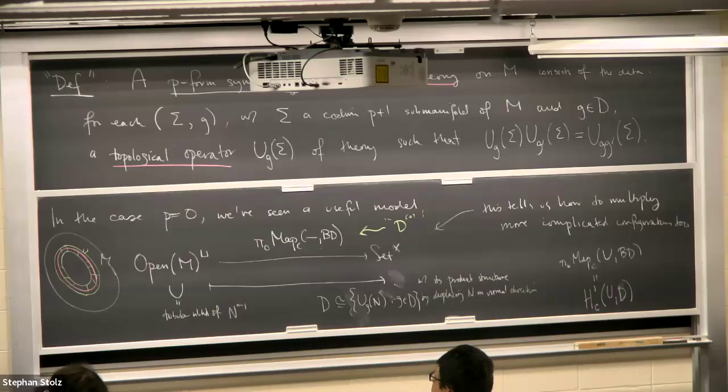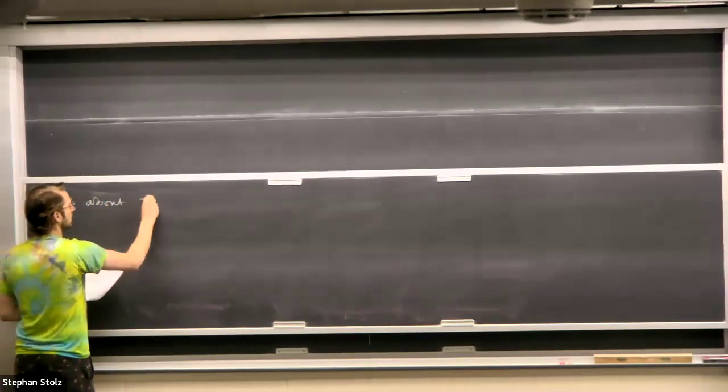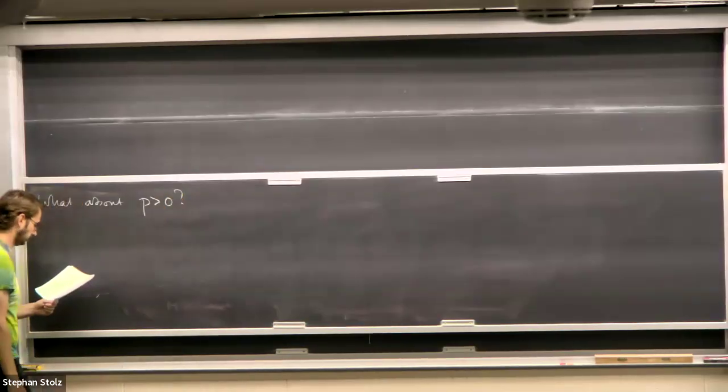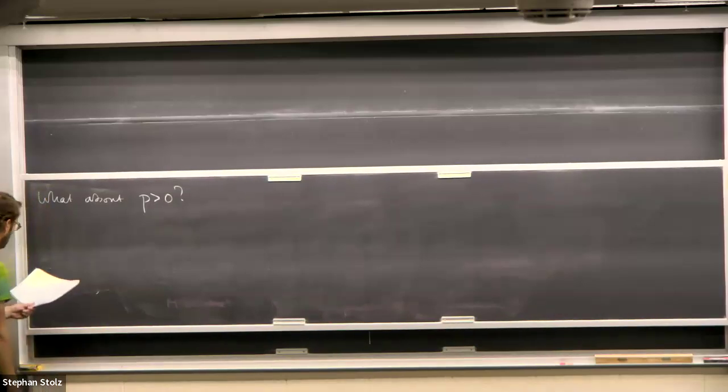So we've seen that pre-factorization algebras, at the very least of this type, capture zero form symmetries. Now let's just think about P being bigger, P greater than 0. Okay, so now I need to tell you some facts from algebraic topology.